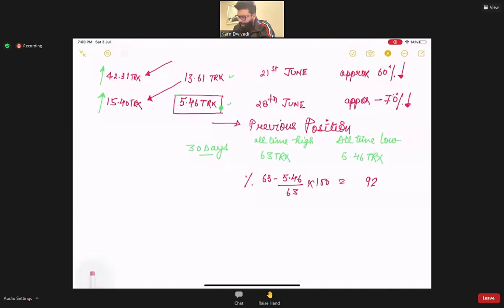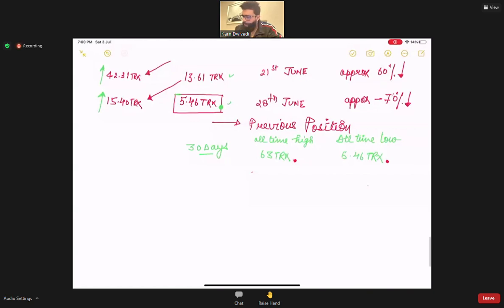It's more than 9 times loss, basically. In easy terms, if you compare this price to this price, and you would like to know how many times, it's approximately 8 to 9 times.